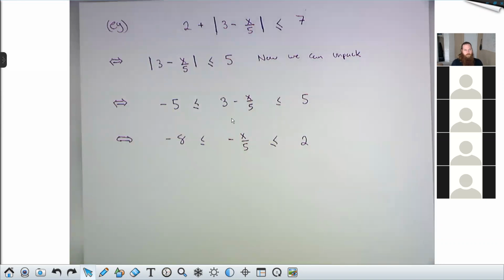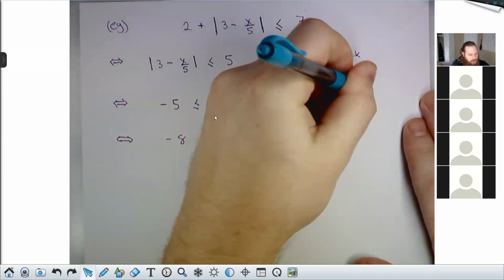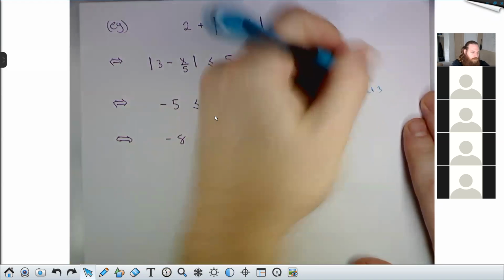Now here's where something funny is going to happen. Remember I said you can treat inequalities like equations, right? You can add to both sides, you can subtract from both sides, you can multiply on both sides, and you can divide on both sides by any given number. If, however, you multiply or divide by a negative number, and my next step to get x alone, so my step here, I subtracted 3 from both sides. Subtract 3 everywhere.